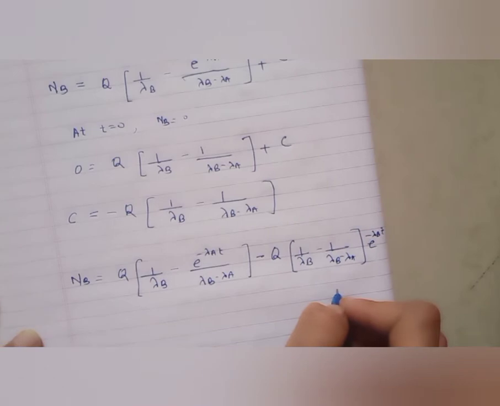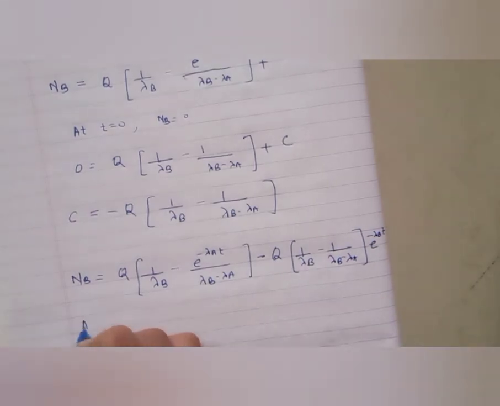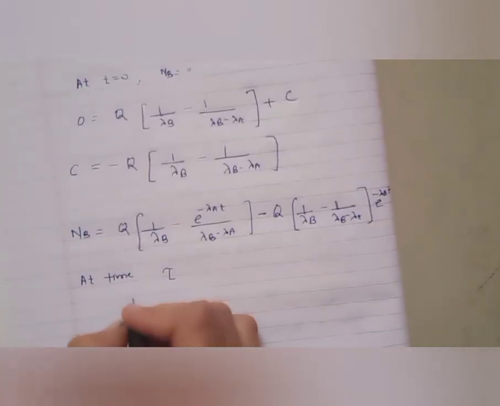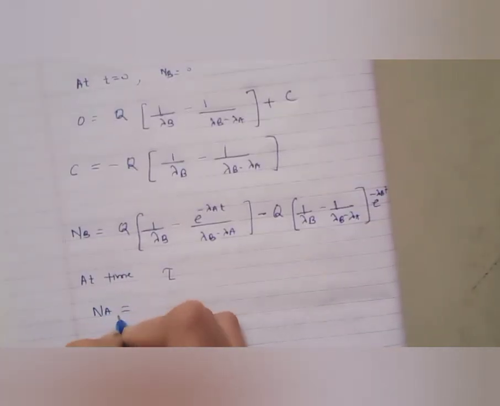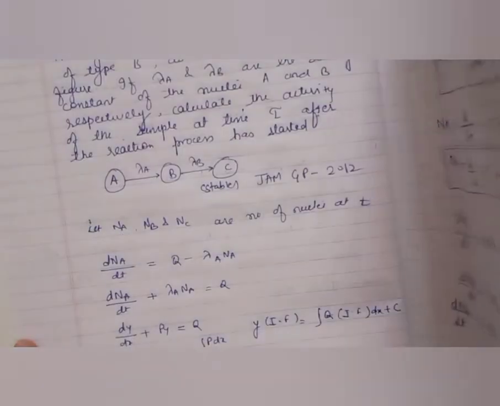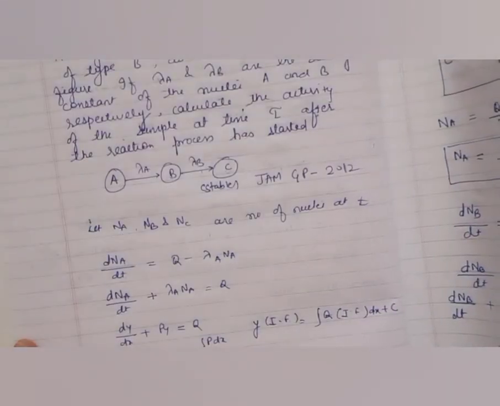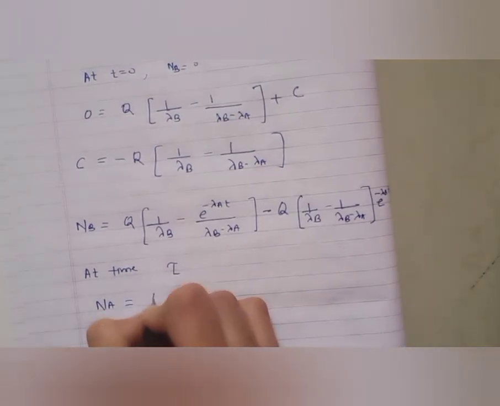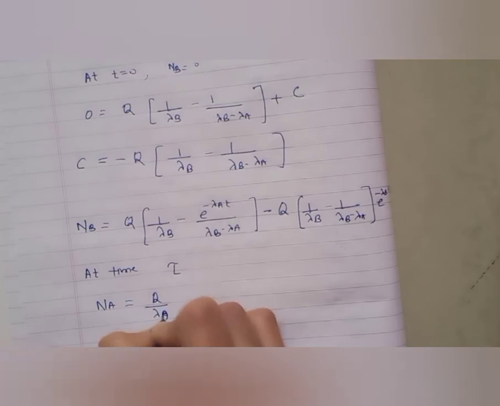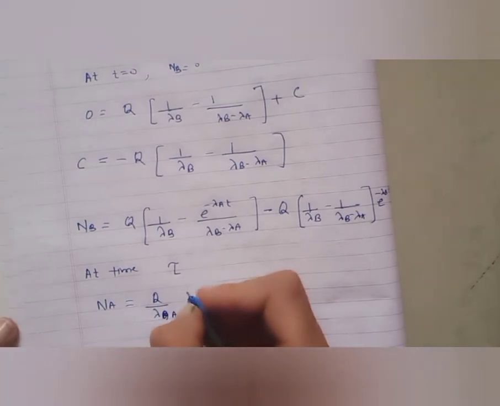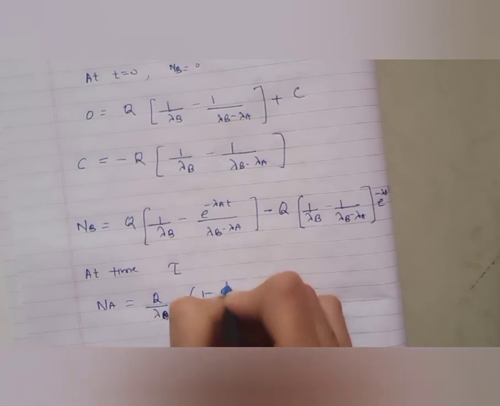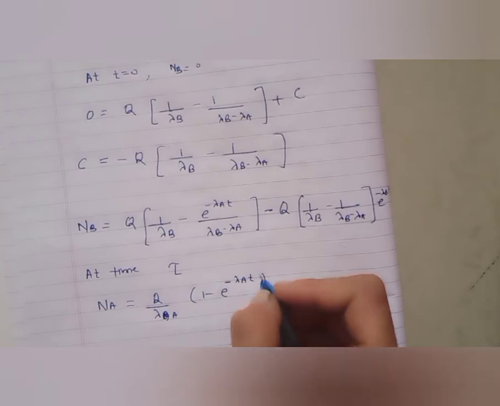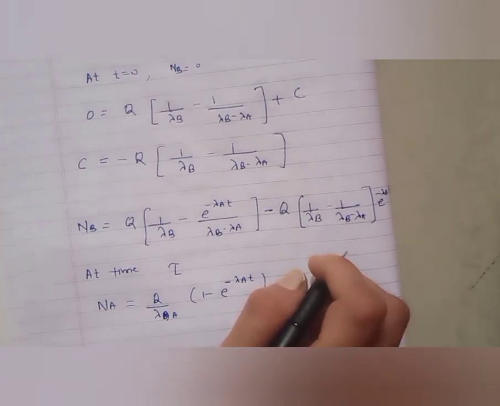I got this value. Now at time tau, because in the numerical they have asked at time tau, Na equals, we have already found, q upon lambda a times 1 minus e raised to minus lambda a t. This is the value of Na, and in place of t I will substitute tau.